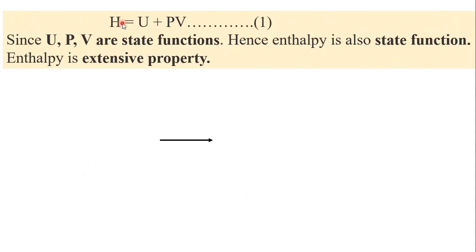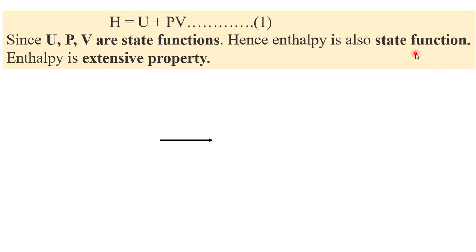Now this enthalpy is a state function. Internal energy is a state function, pressure is a state function, as we have studied, and volume is also a state function, and therefore enthalpy is also a state function.